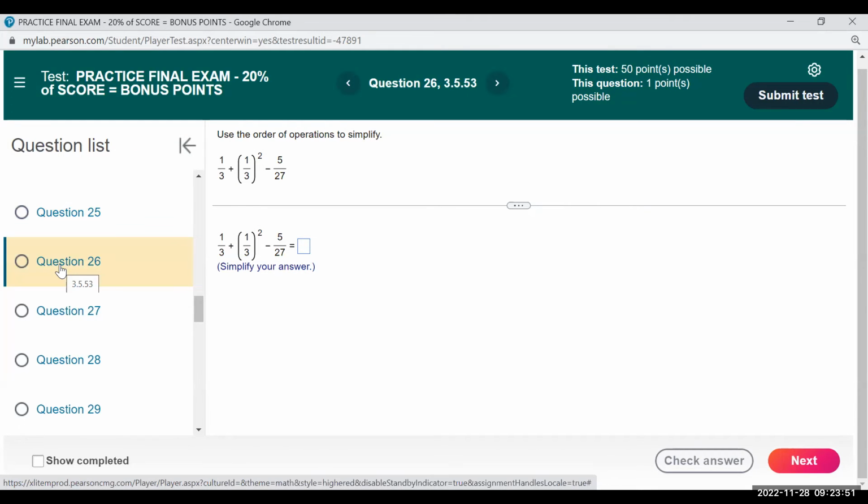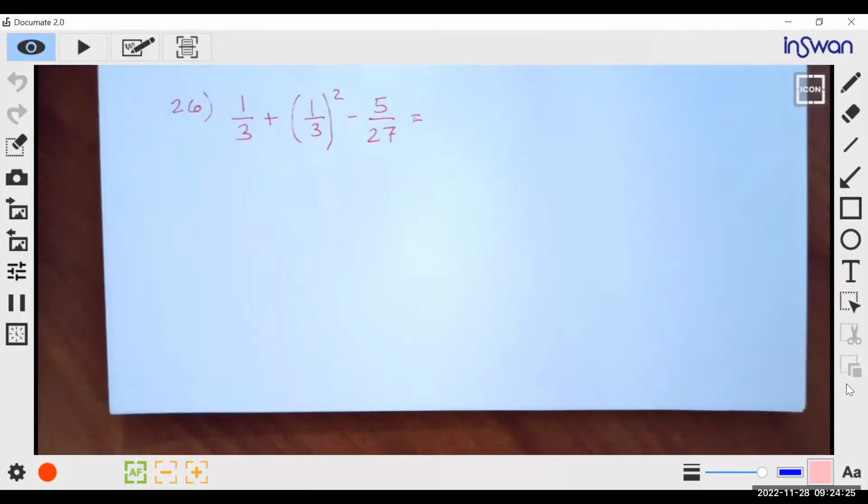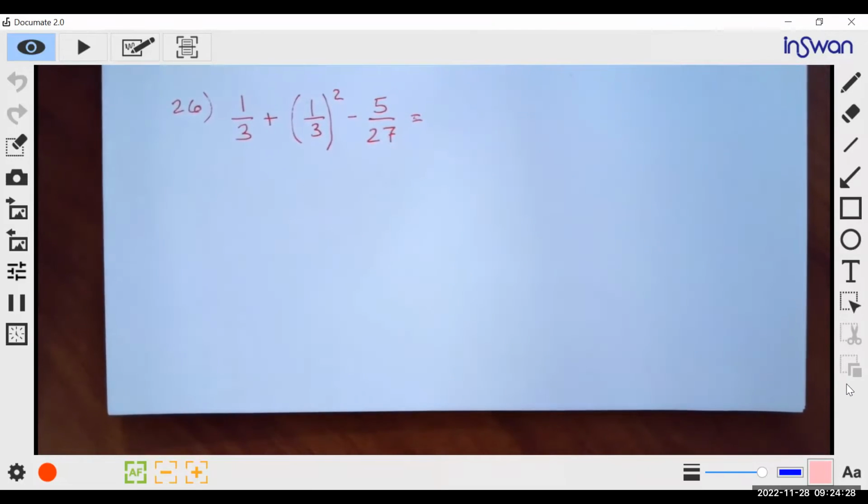Simplify using the order of operations. The first thing you have to do is what? Special operations.